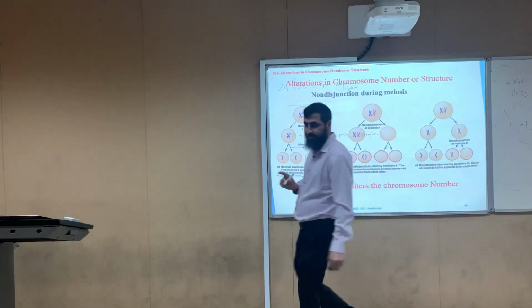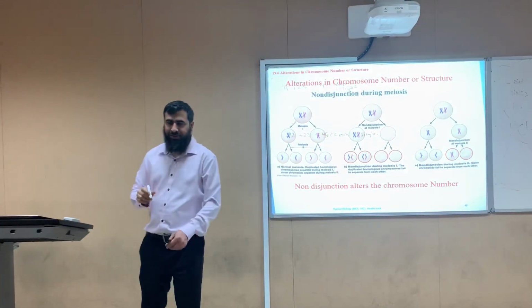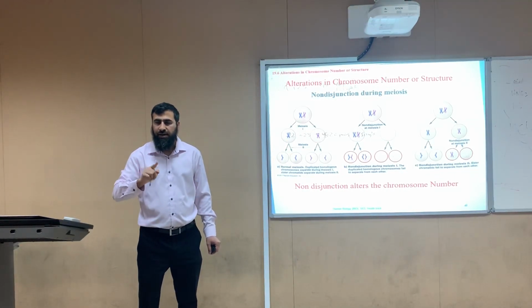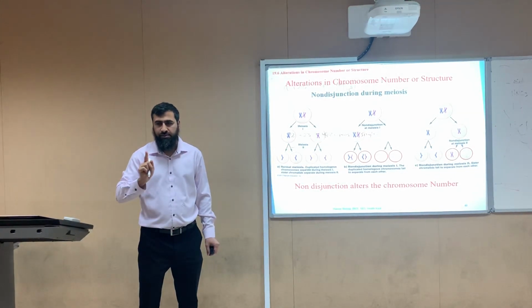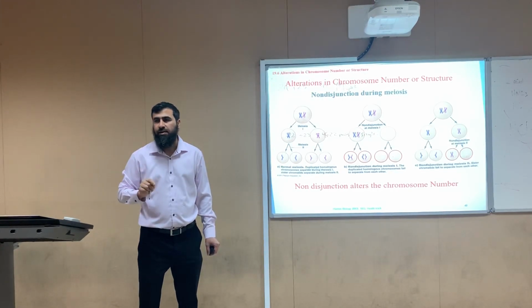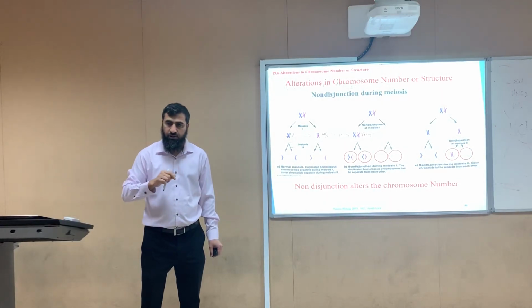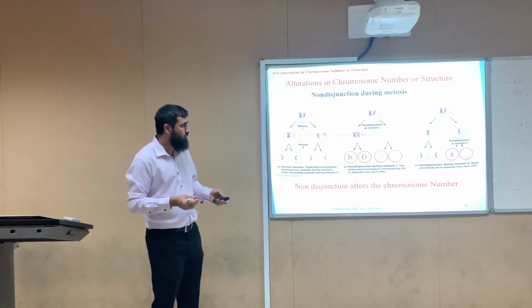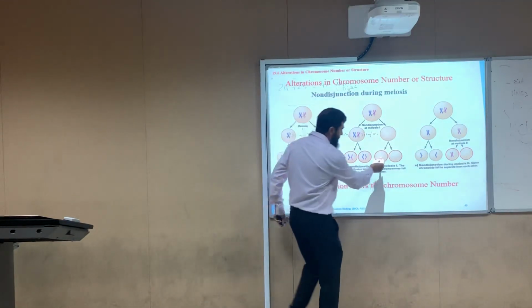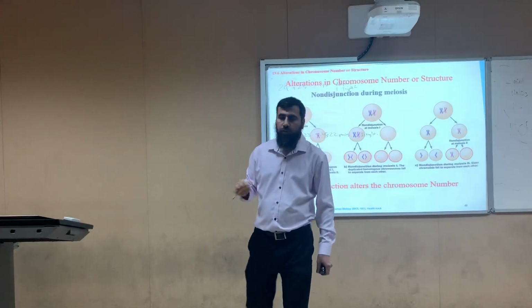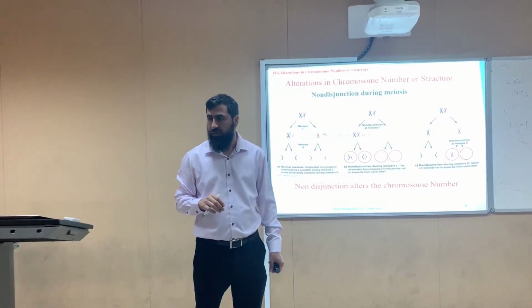Got that? So it's X0, that means it's missing one of the sex chromosomes. If the egg is normal, it's got the X. The sperm must be missing the sex chromosome that fertilizes it. So one of these sperm will fertilize it, containing 22 autosomes and no sex chromosome, okay?